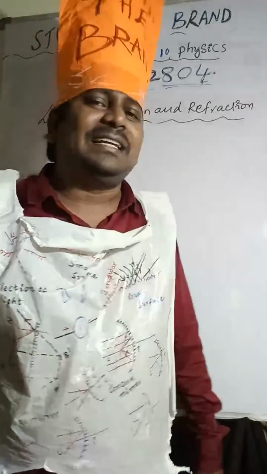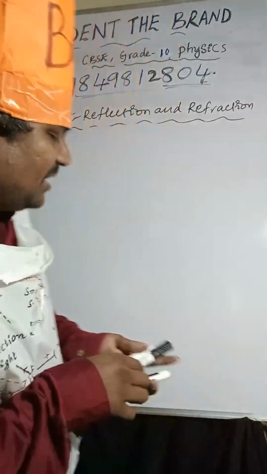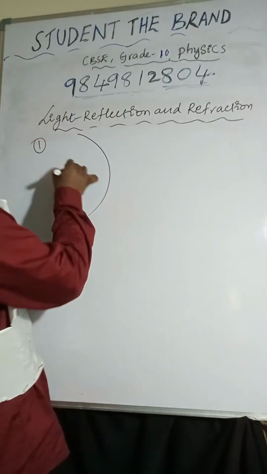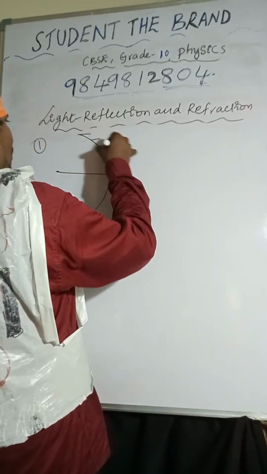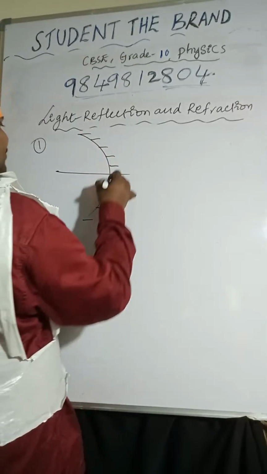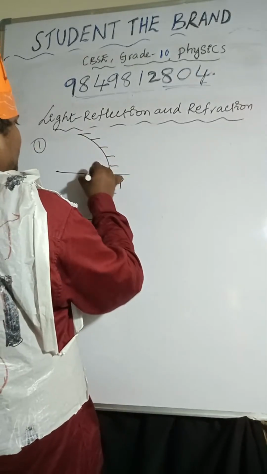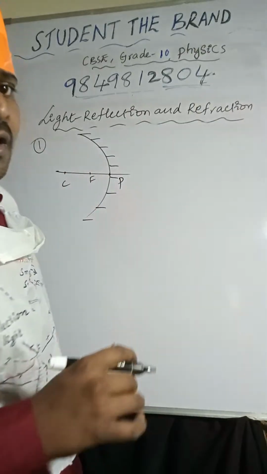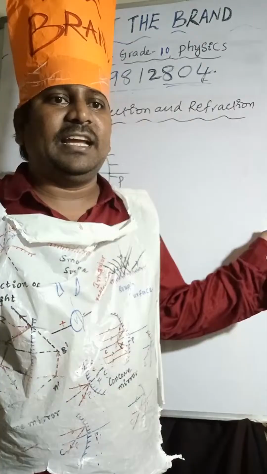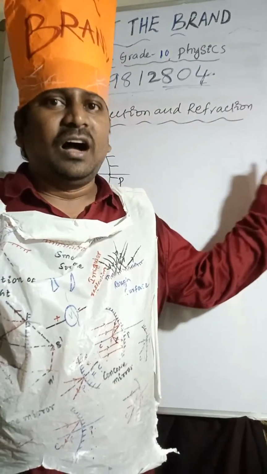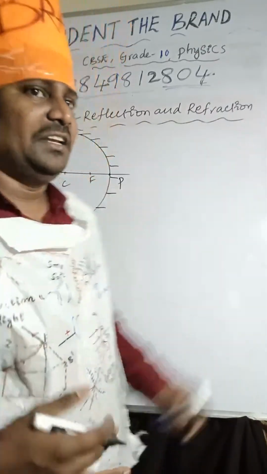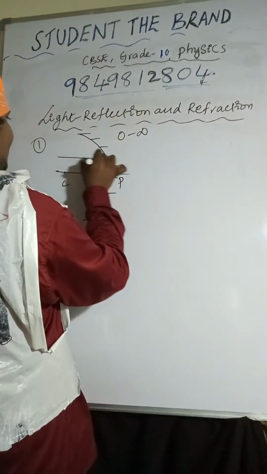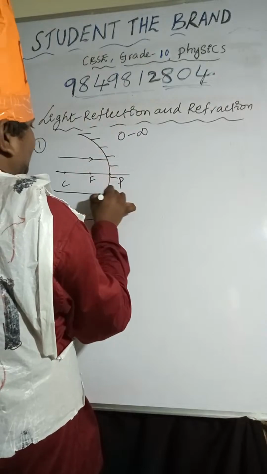Point number 1: light rays are coming from infinity. Pole, focus, center of curvature. The object is at infinity. I take one light ray like this, another light ray like this.